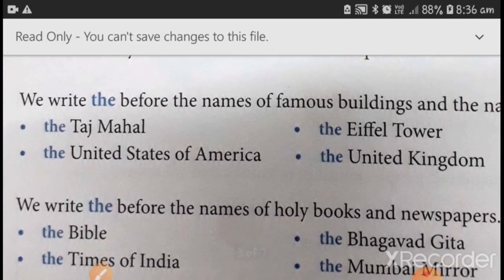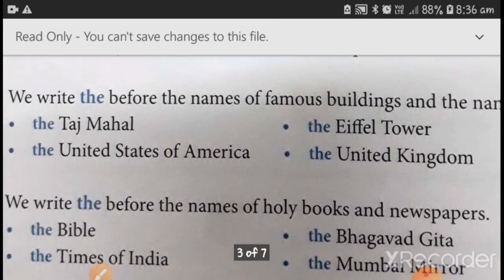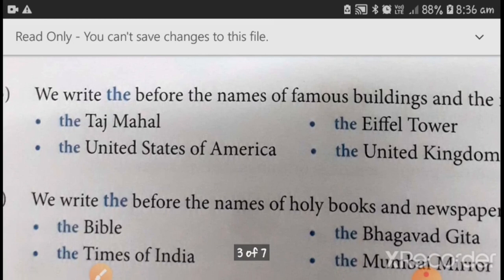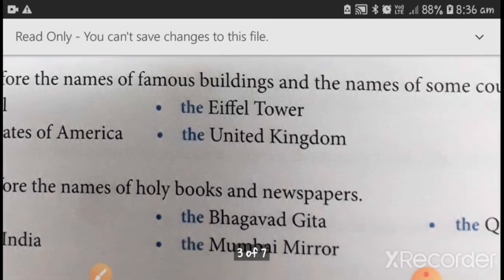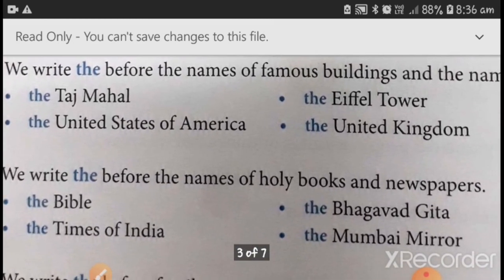Here we write the before the names of famous buildings and names of some countries. So here these are the different buildings like the Eiffel Tower and the Taj Mahal. These are two buildings, and these are the two countries, the United Kingdom and the United States of America.